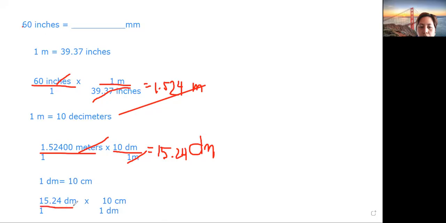So 15.24 times 10 centimeter over 1 decimeter, because 1 decimeter is equal to 10 centimeter. We're looking for centimeters, so cancel dm, cancel dm. So we have now the centimeters. 15.24 times 10 is 152.4.